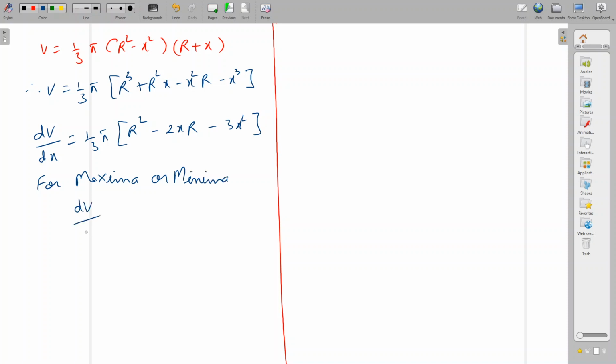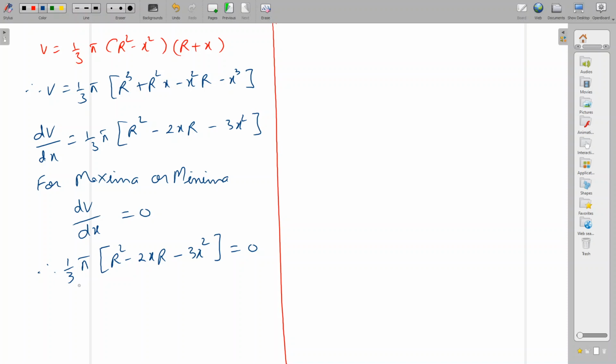dV by dx equal to 0. Therefore, 1 by 3 pi (r square minus 2xr minus 3x square) will be equal to 0.